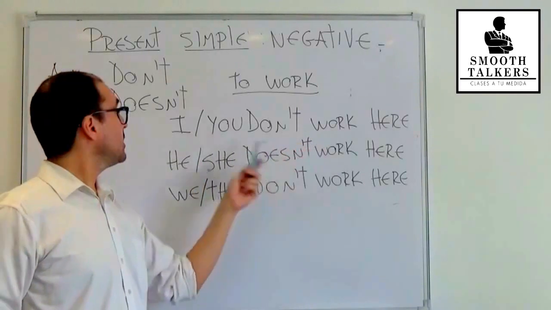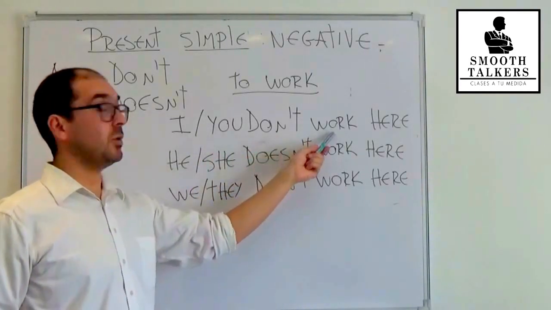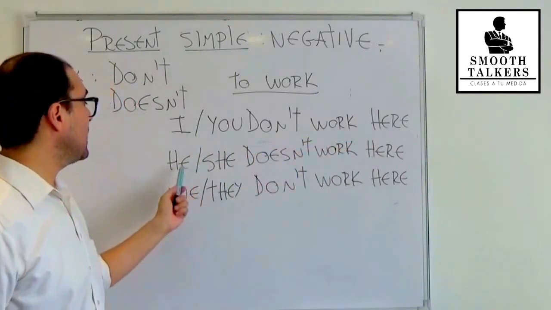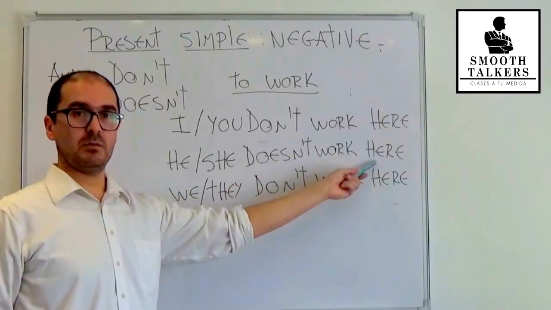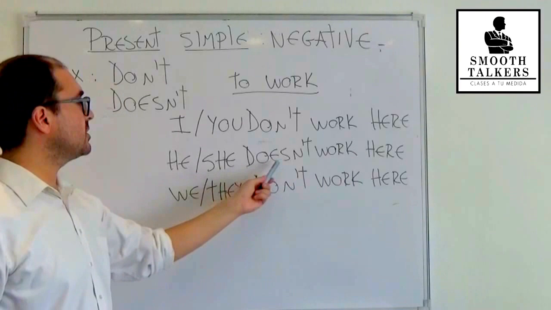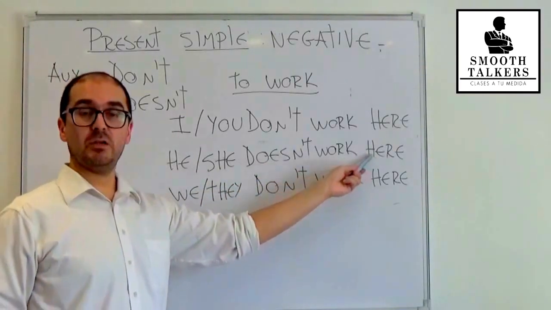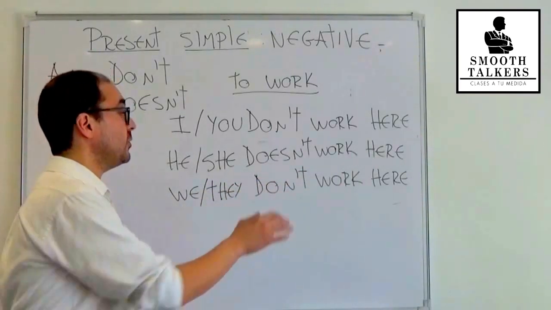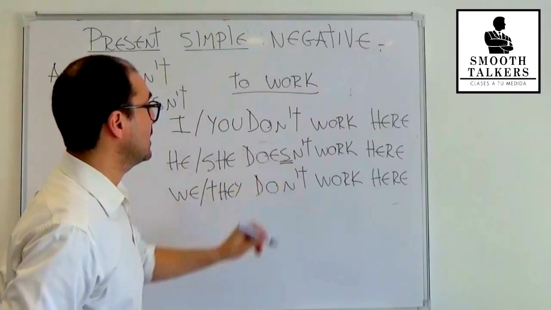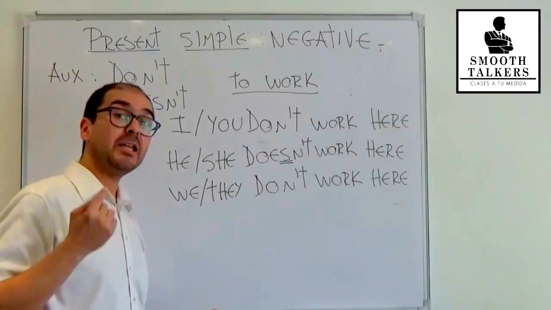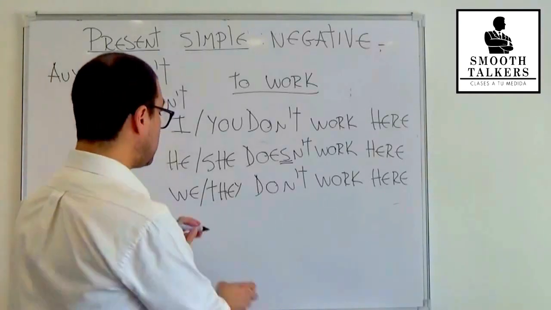Let's follow up. You don't work here. He doesn't work here. She doesn't work here. The reason why we're using doesn't is because of the S. In affirmative, we would say something like this.